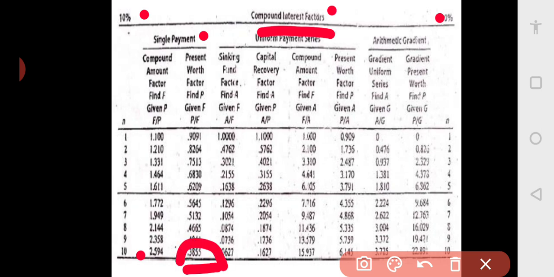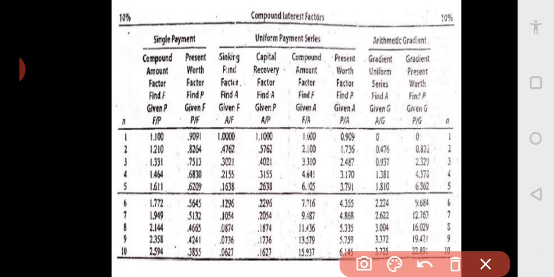This is the present worth factor P bar F, because the final amount is something, but what is the present amount? So I have to multiply that final amount by 0.3855. This was for the salvage value, single payment, salvage value or scrap value, whatever you are getting. And now for one is series amount, 1,65,000 rupees I am getting for 10 years.